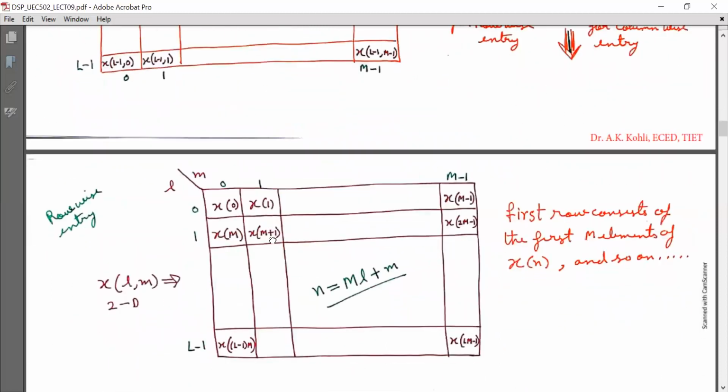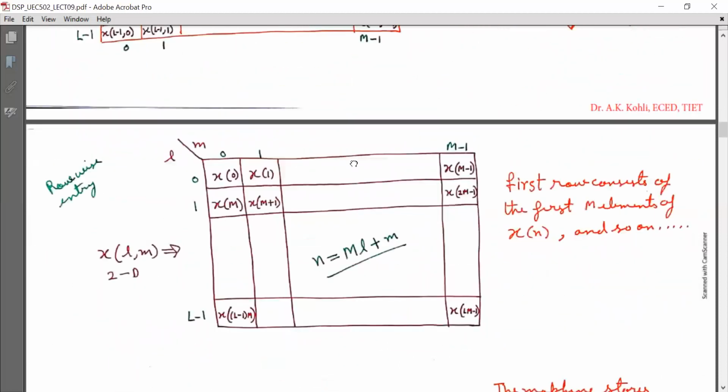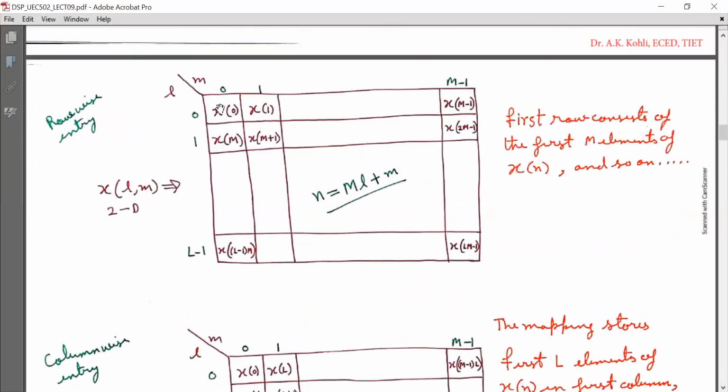I will give you an example. First, row-wise entry. Here for row-wise entry in x(l,m), x(0), x(1) and the first M elements are arranged in the first row, and the next M elements are arranged in the second row, and so on.